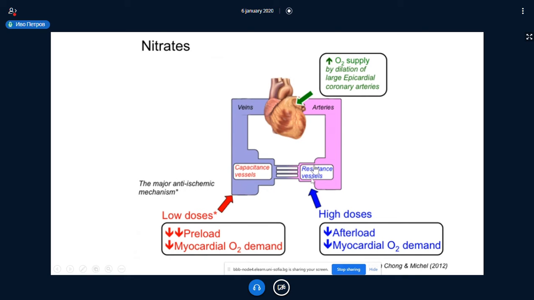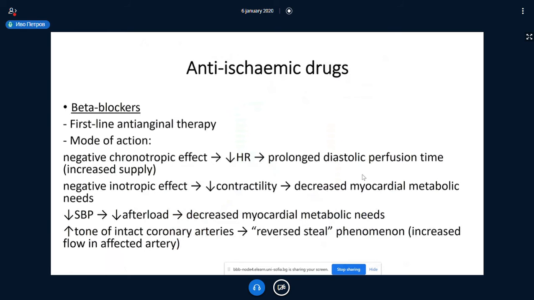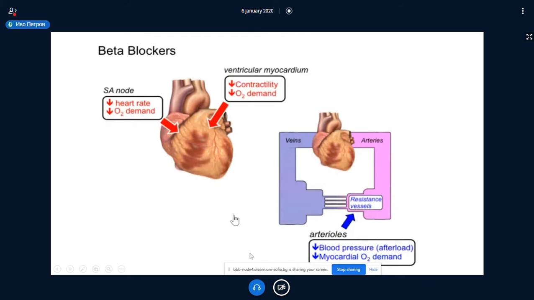It's schematically shown here. Beta blockers are the second anti-ischemic drug, with a different action. The beta blockers reduce the contractility, and because of that they reduce the oxygen demand, and they reduce the heart rate.